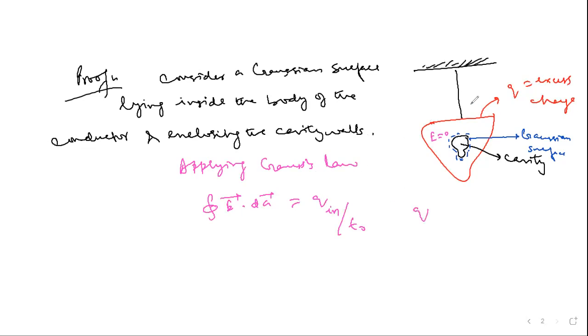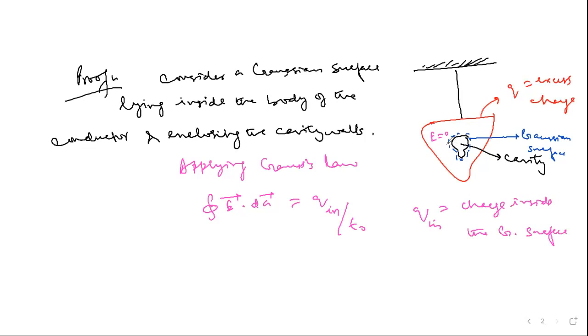I write Q in in order to distinguish this charge from the charge on the surface. So here Q in is the charge inside the Gaussian surface.